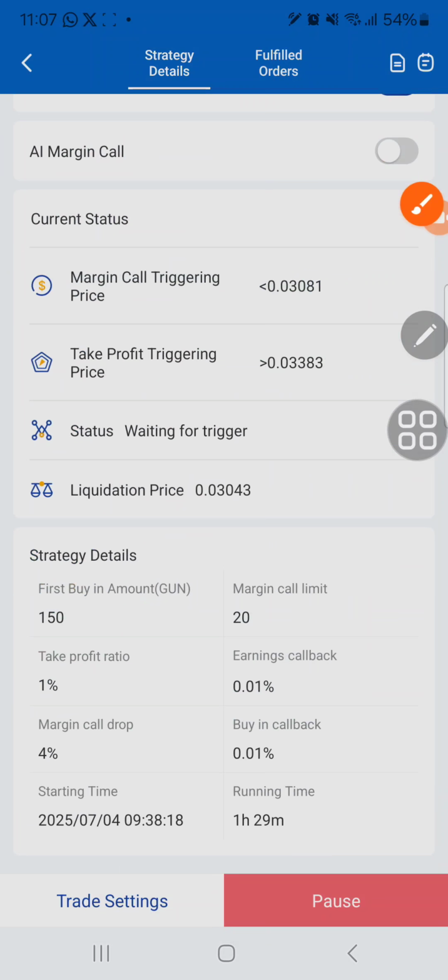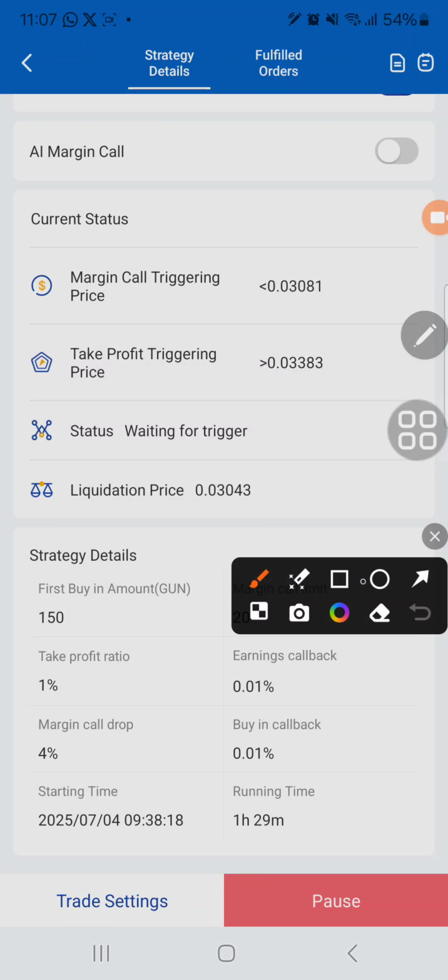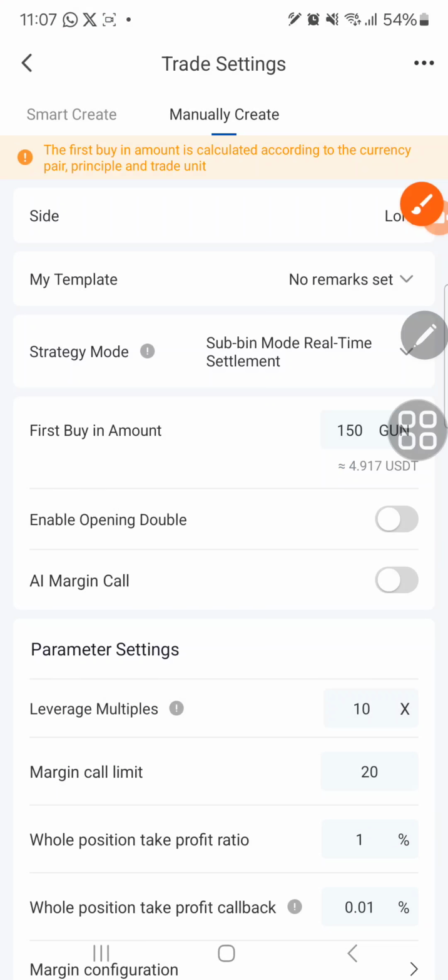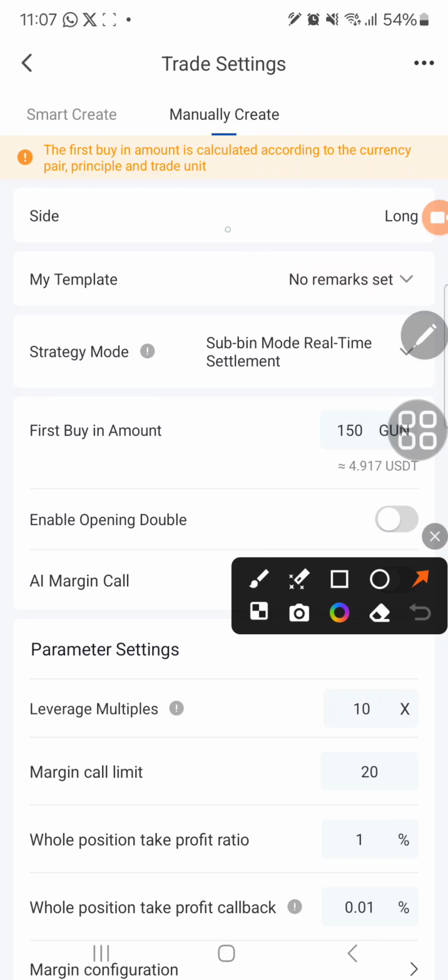We proceed to the most important things inside trade setting, the trade setting parameters here. Meanwhile, someone asked me what these things mean. We start. Now, for those who are trading spot, but this is the futures side. So we are longing.